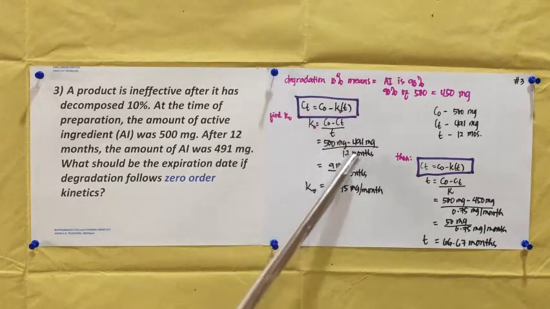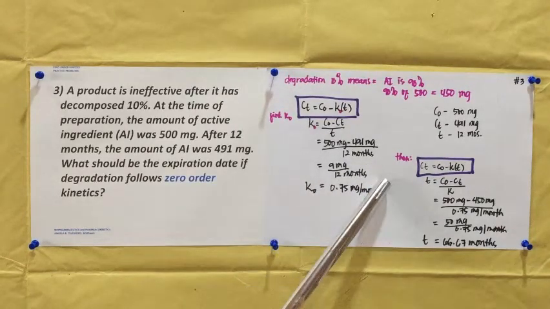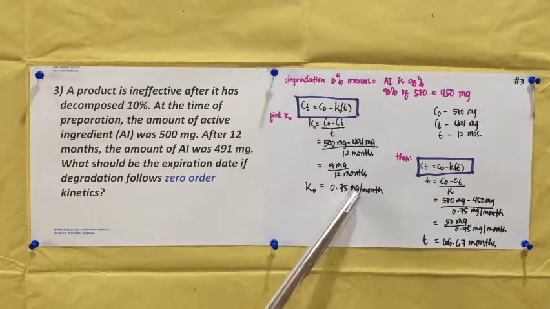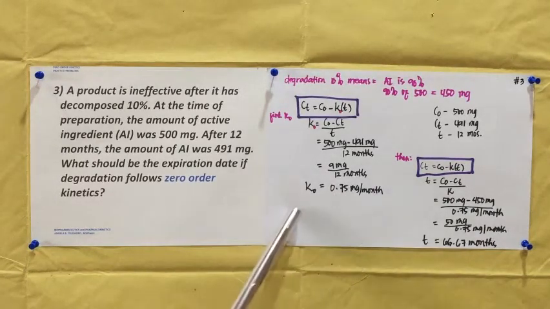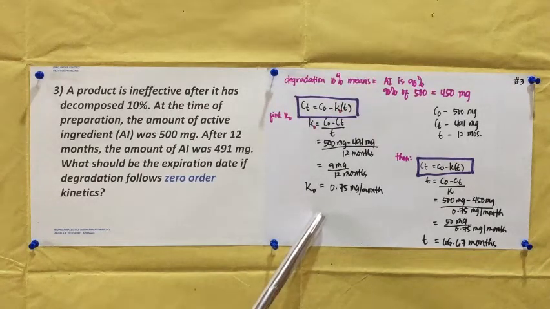So 500 minus 491 is 9 milligrams divided by 12 months. So the KO now is 0.75 milligrams per month. So meron na tayong KO. Now let us proceed to finding the expiration date.